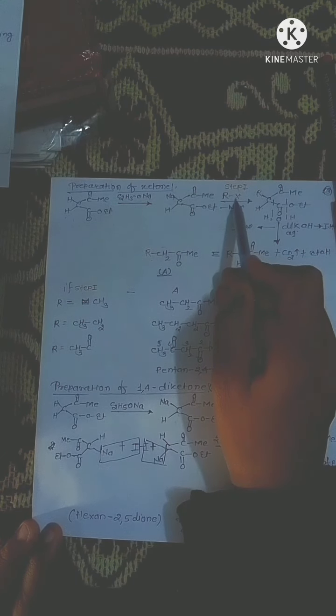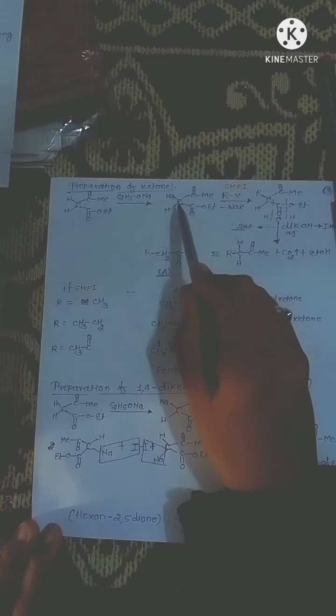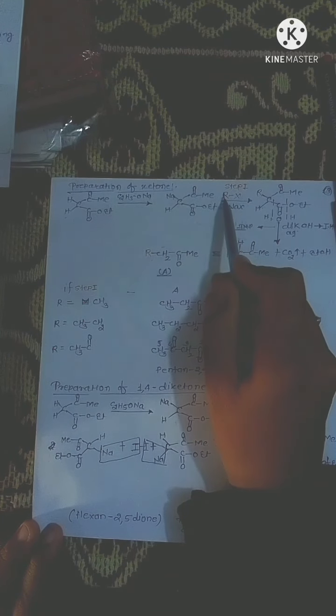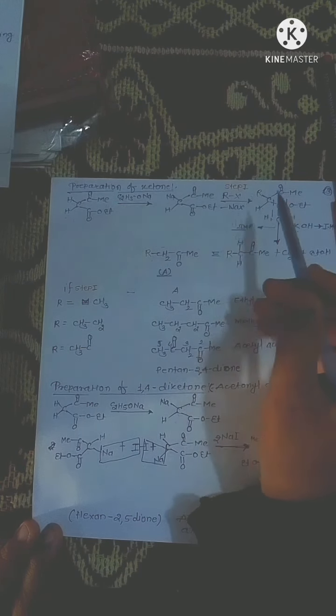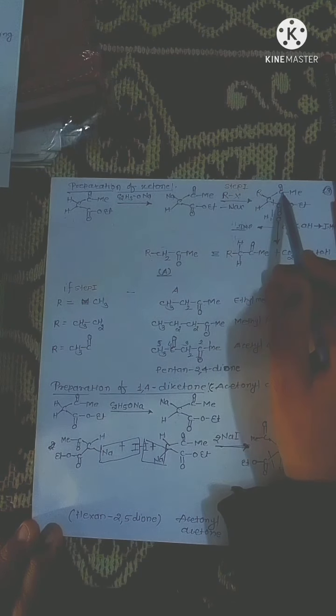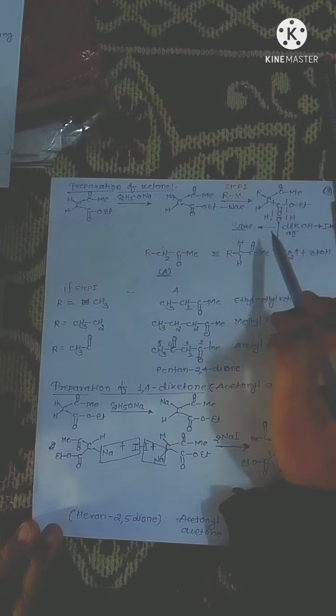If we add here RX, that is, alkyl halide, NaX goes off and R is substituted in the place of Na. So RCH C double bond O Me.